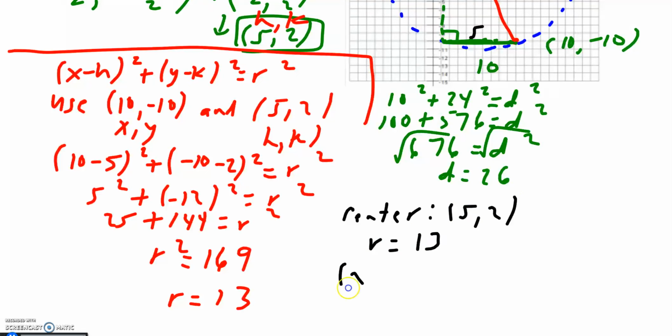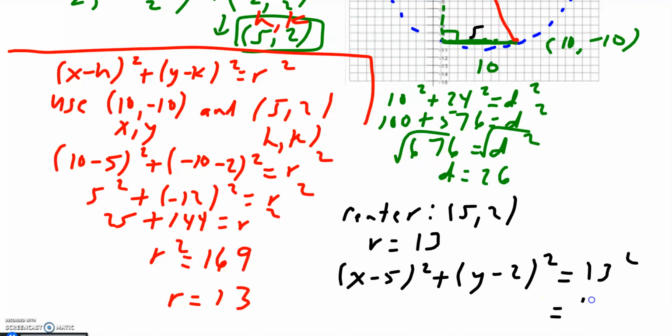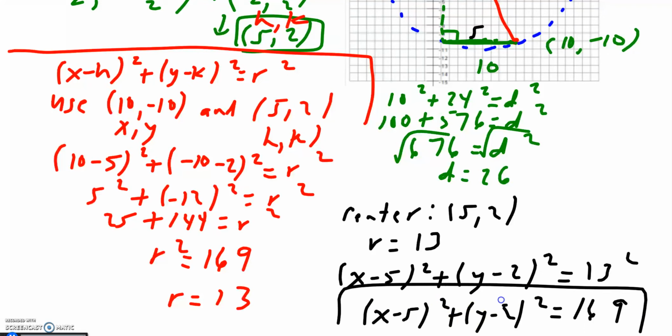So my answer would be (x - 5)² + (y - 2)² = the radius squared, which is 169. Final answer. So remember, you need to find the center and the radius.